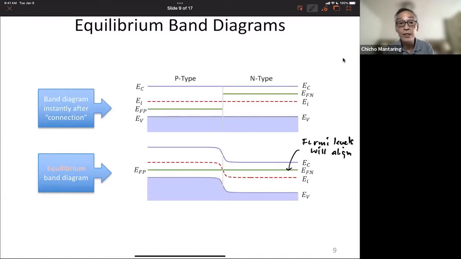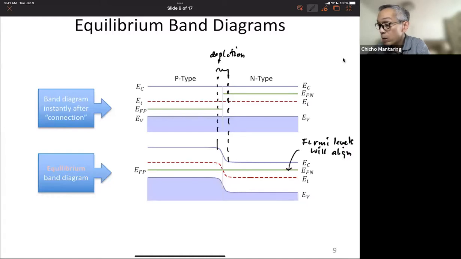This is your energy band diagram of a p-n junction at equilibrium. And this area, essentially, this is your depletion region. That is your depletion region.